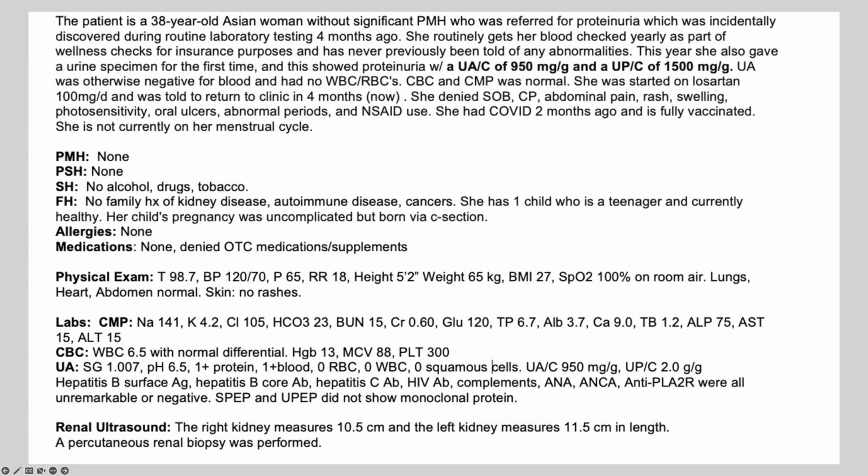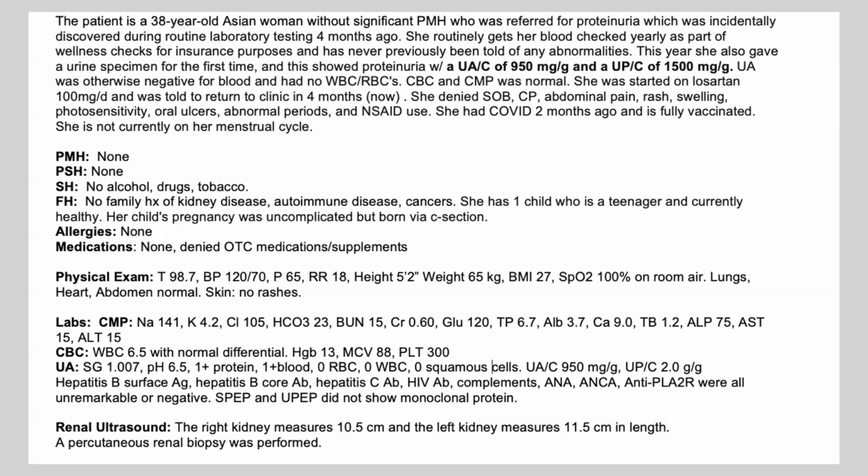Her CBC showed a normal white count with a normal differential, hemoglobin of 13 with an MCV of 88 and platelets of 300. Her UA had a specific gravity of 1.007 with a pH of 6.5, 1 plus protein, 1 plus blood, 0 RBCs, 0 WBCs, 0 squamous cells. Her UAC was 950 milligrams per gram and UPC was 2 grams per gram.